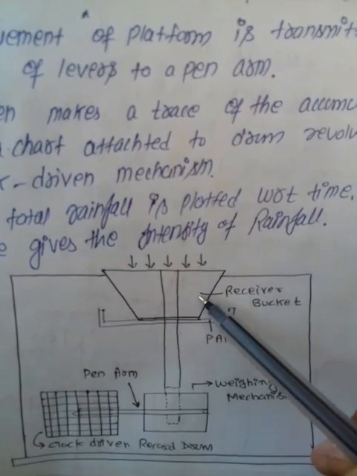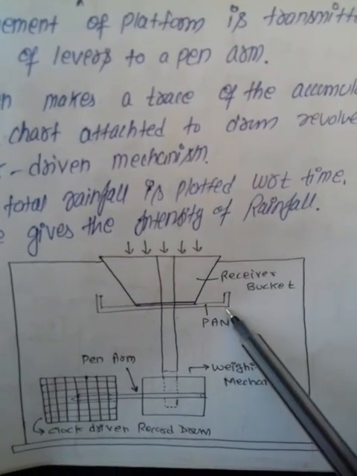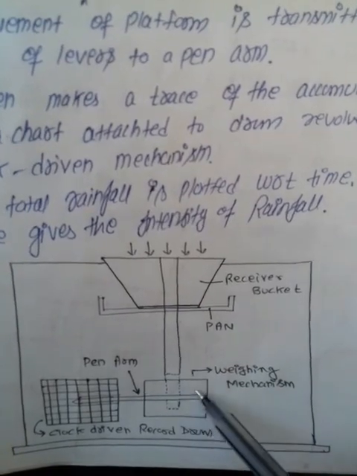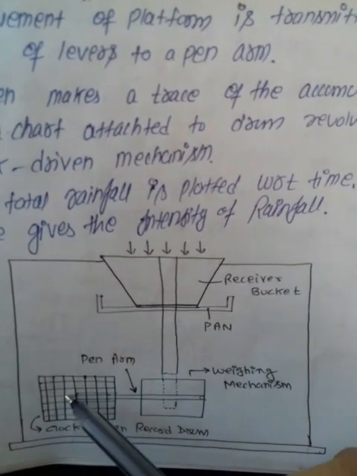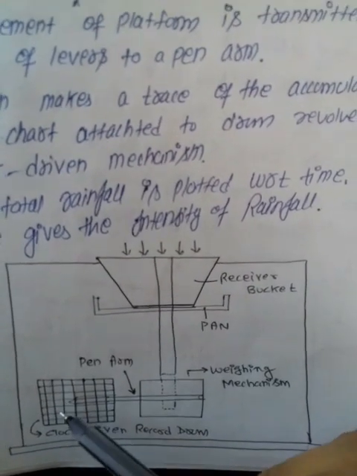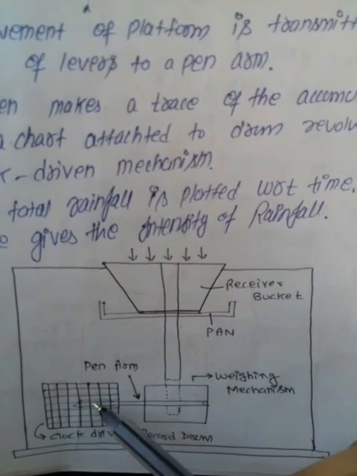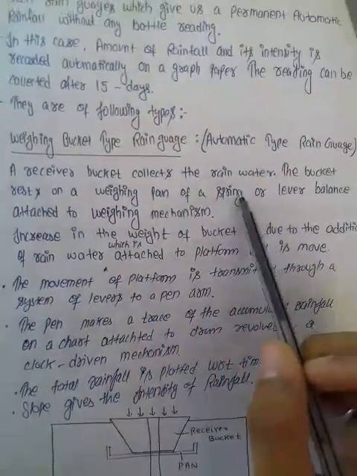When the weight of the receiver increases, this pen will be moved, and the platform is attached to the weighing mechanism by which the pen arm moves on a graph paper and gives the reading on the chart. Like this, a receiver bucket collects the rainwater.